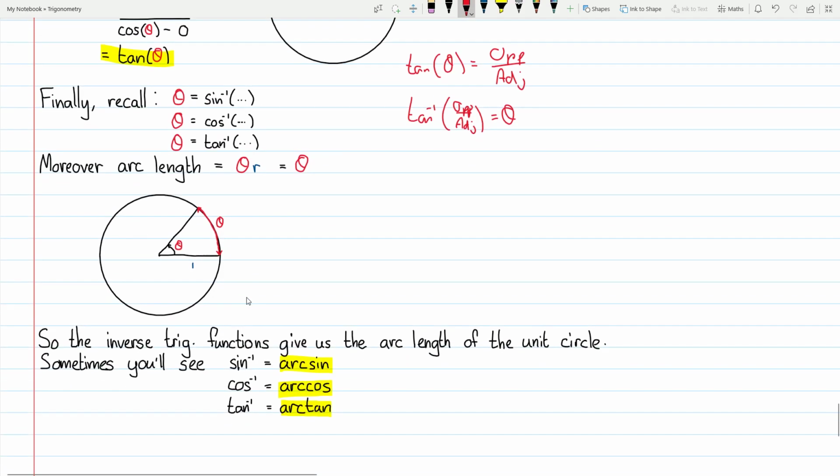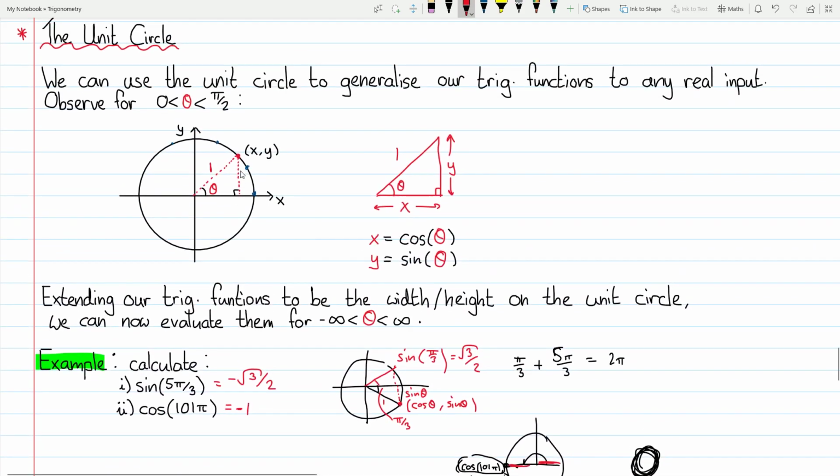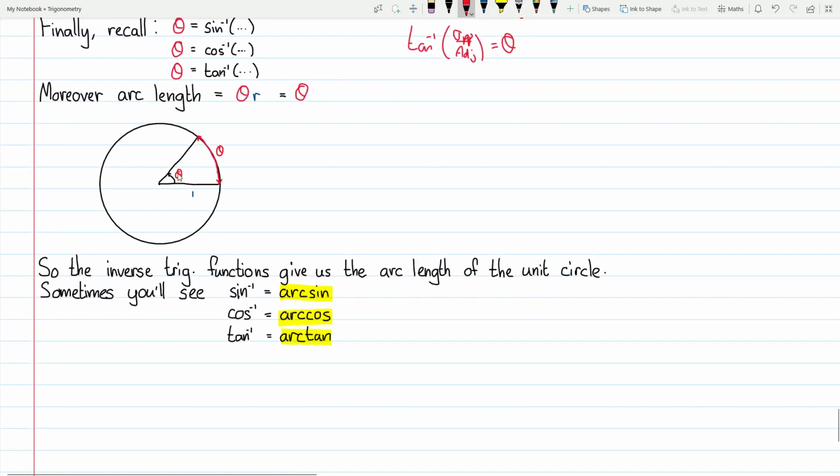But what's interesting here is if we have a unit circle of radius 1, which is what we've been using, the angle is equal to the arc length, because the arc length is just the angle in radians times the radius. So the arc length in radians is equal to the angle.